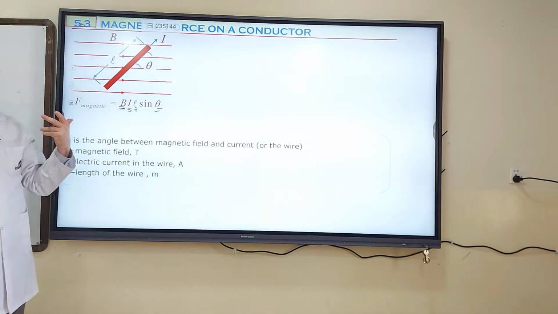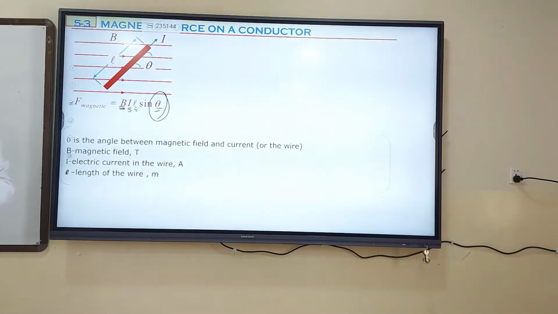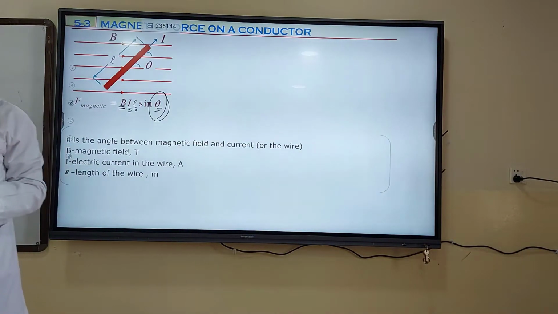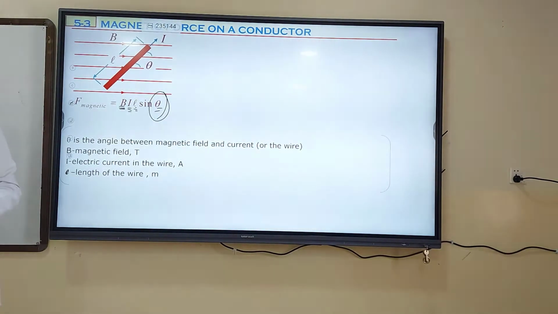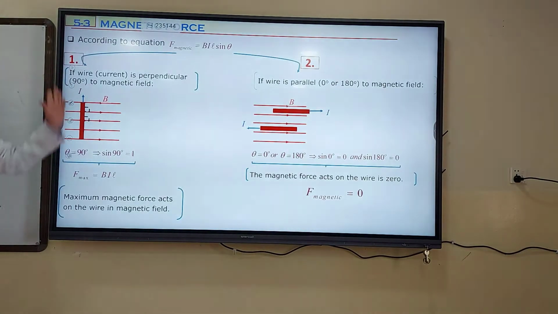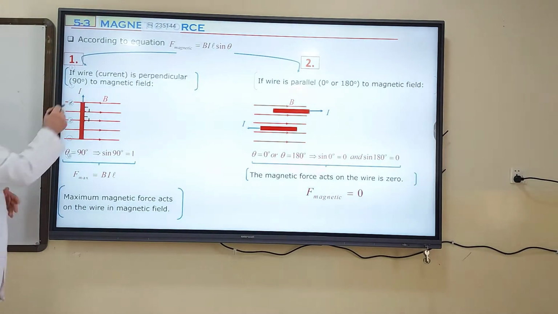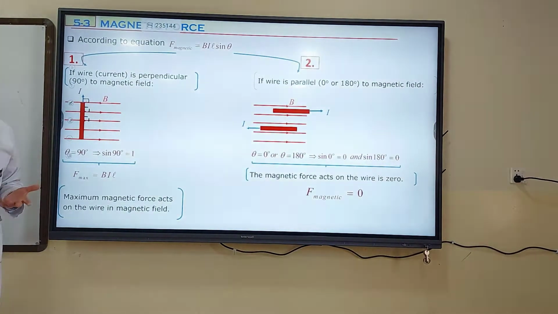So equation is same. And according to this theta, force can be maximum, can be zero, or can be half of maximum at some angles. At what angle sine theta is maximum? 90. If the electric current is perpendicular to the magnetic field lines, so angle between electric current and magnetic field is 90.